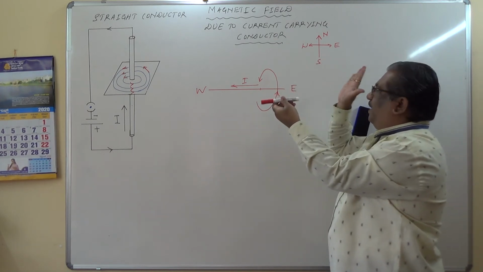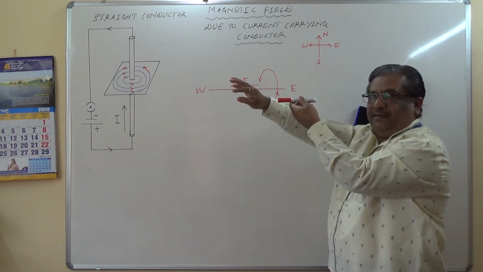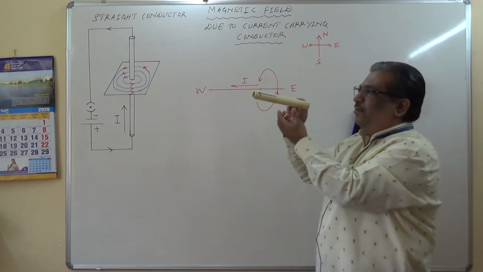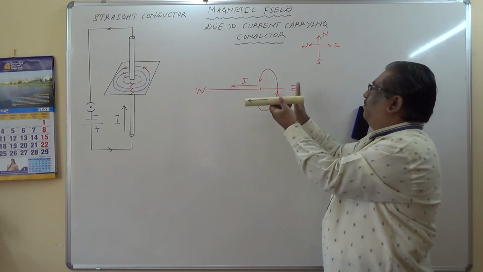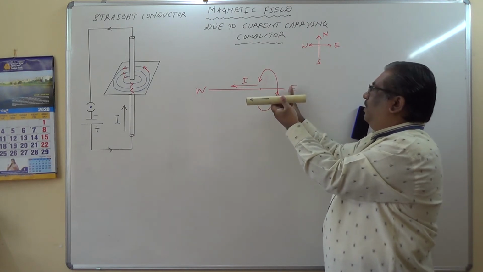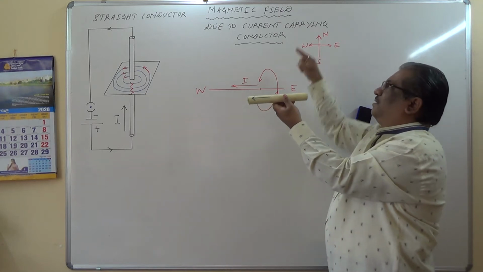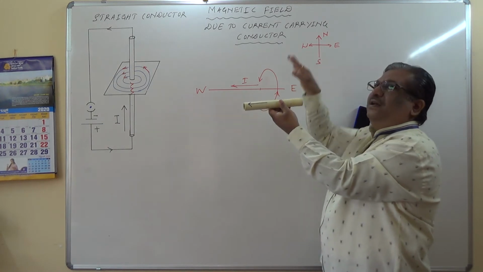I am looking from the east end. This is the power line. Current is flowing that way. Clear? Now the current is going through this. I am looking at this plane. If I look from the east end, it is like this. Behind it is coming. Therefore, I will say this is clockwise.